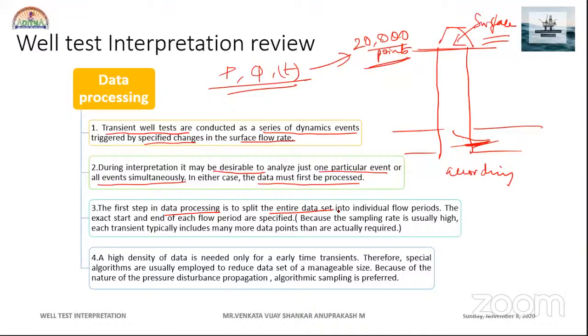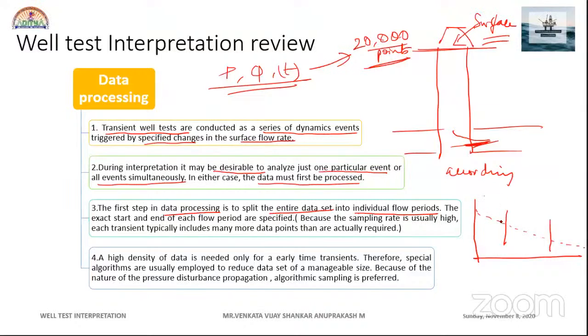So this entire data is split into individual flow periods. So what we are doing is taking the complete data, plotting all of it, and trying to segregate the flow periods.